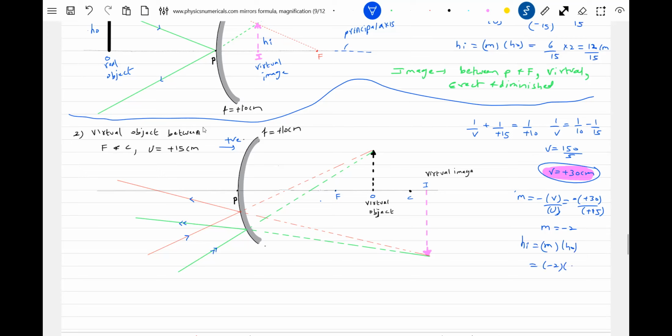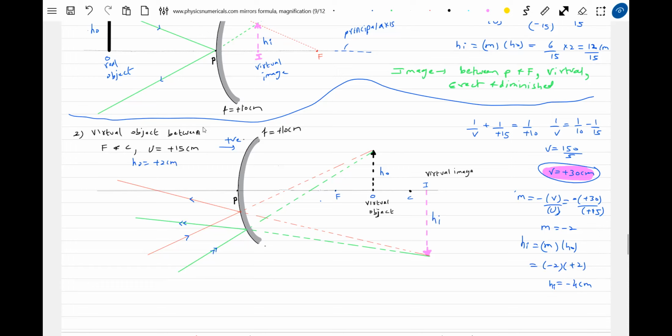Height of the object we have, let me take this height of the object, so this will be +2. So the image height is -4 centimeter. I do have all of it from the mirror formula and magnification formula. I'm able to predict that the image will be inverted, magnified. Okay, let's get into the ray diagram.